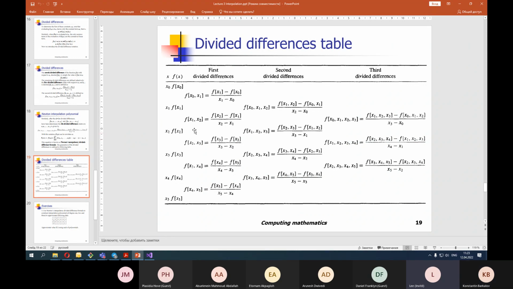And so on, up to the last term. In this example it is f[x4, x5], but actually the number of first divided differences depends on the number of points. Now, using the first divided difference, I can write a polynomial of first degree.